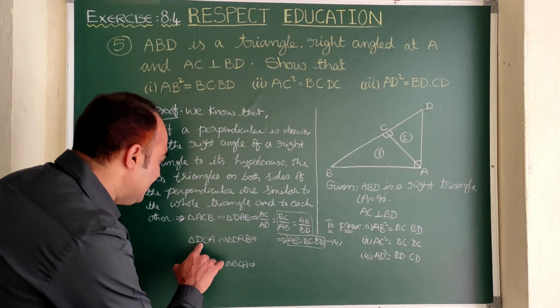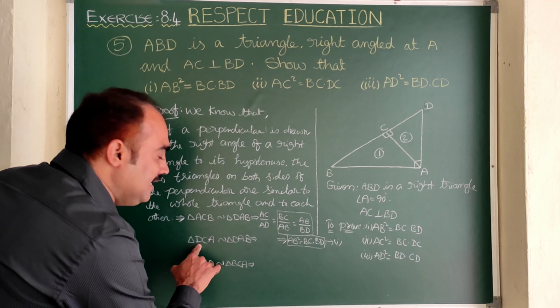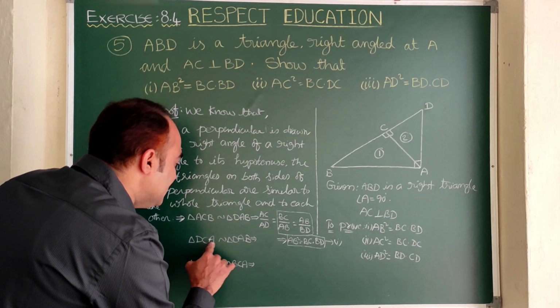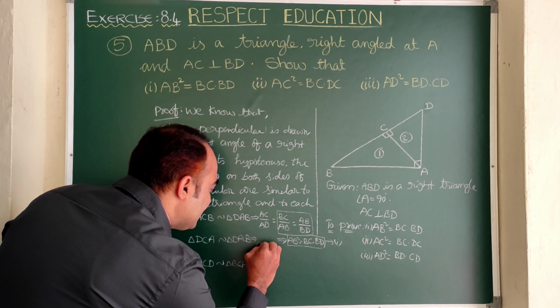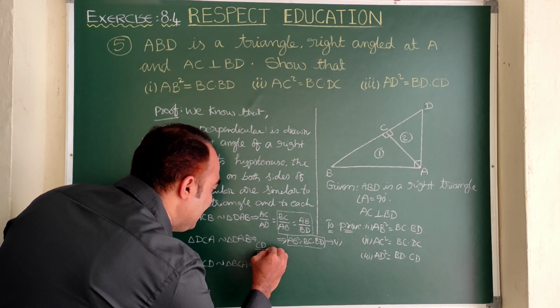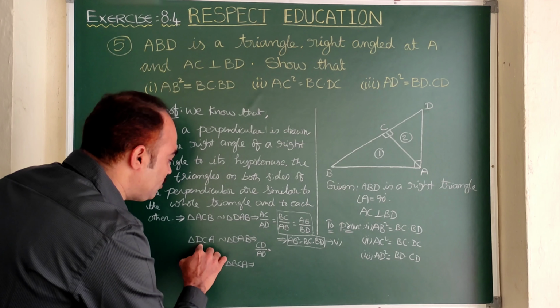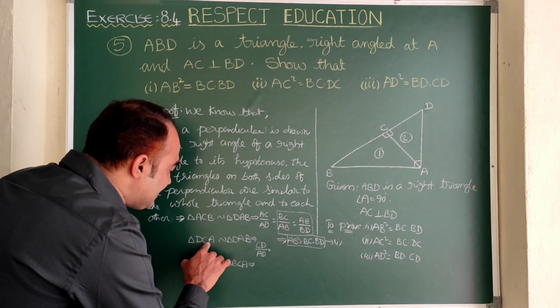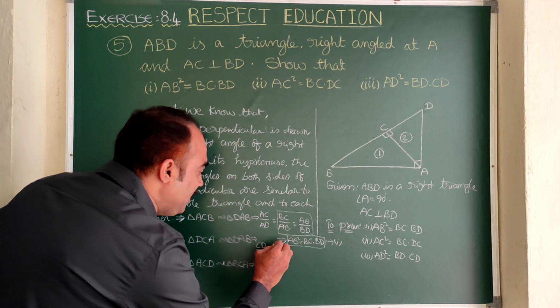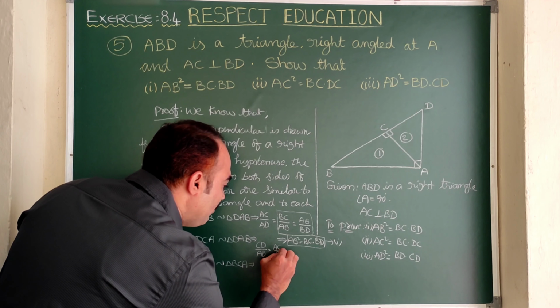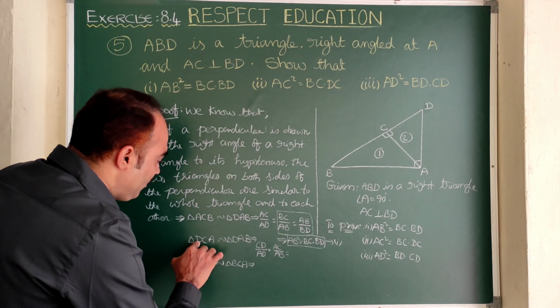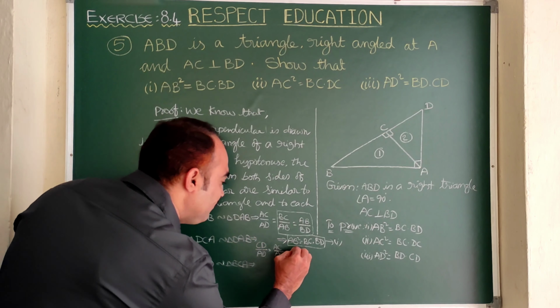And the second one, DC by DA, DC we can write as CD also, CD by AD, is equal to CA, means AC by AB, is equal to AD by BD.